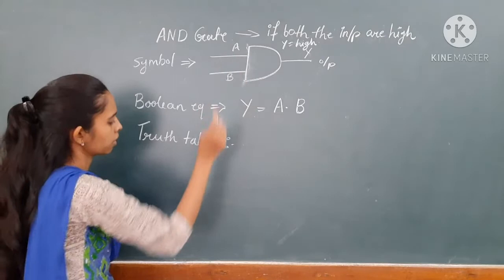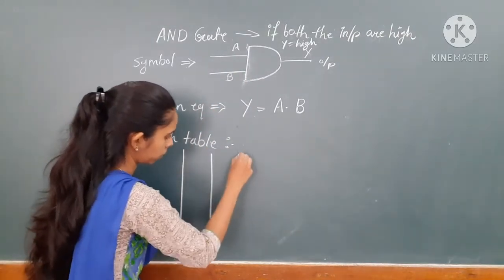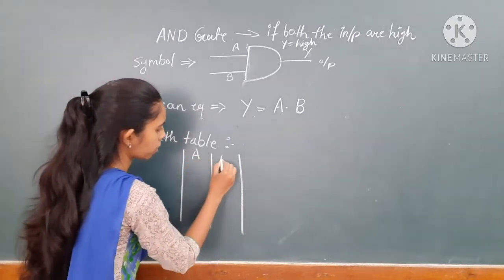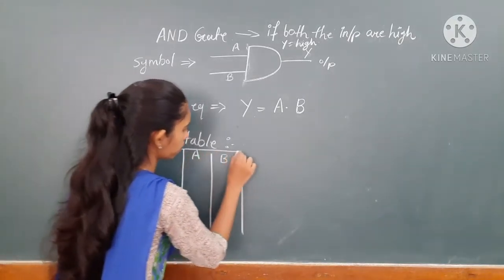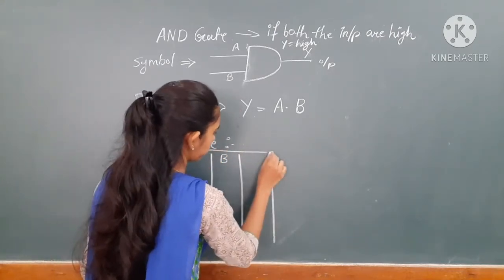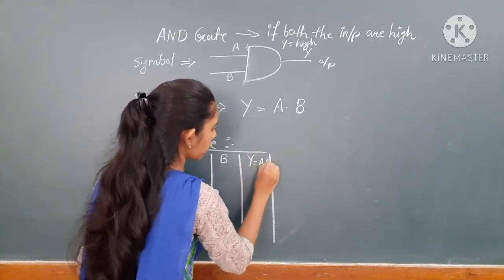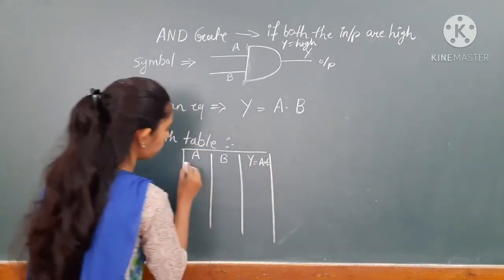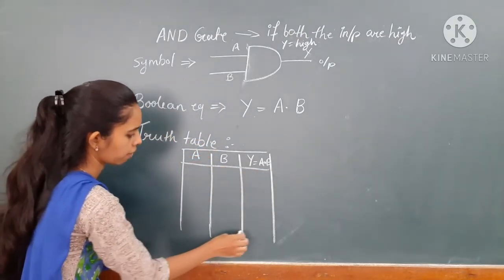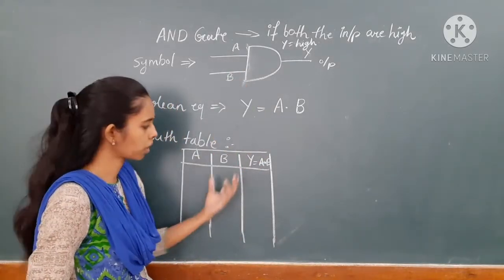How many inputs are there? There are two inputs. So we will draw two columns, the first columns for the inputs, and then here the output you will get. So there are only three columns. Y is nothing but a into b or a dot b. How many combinations of inputs can be given?